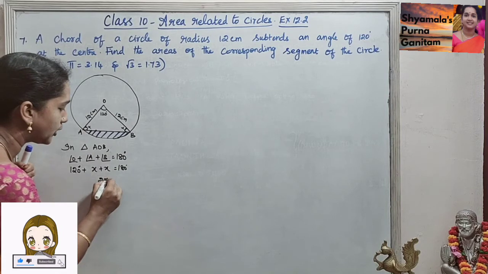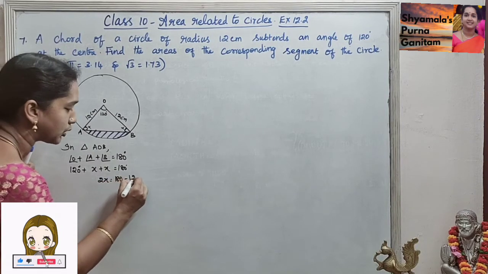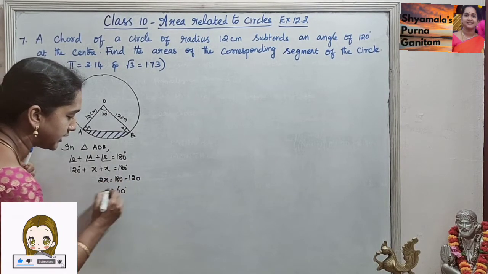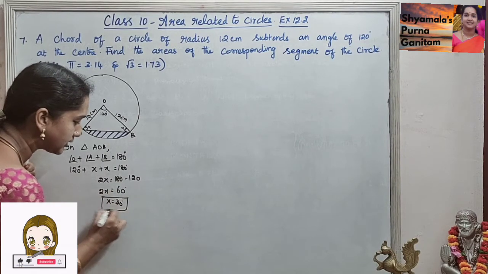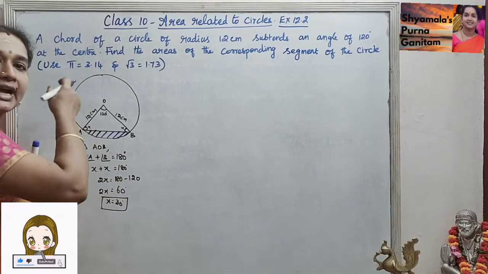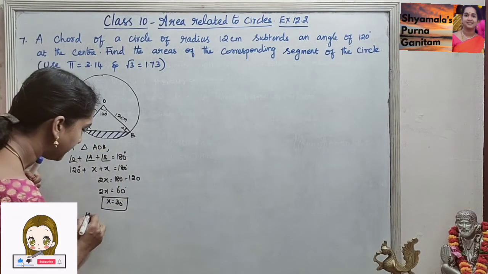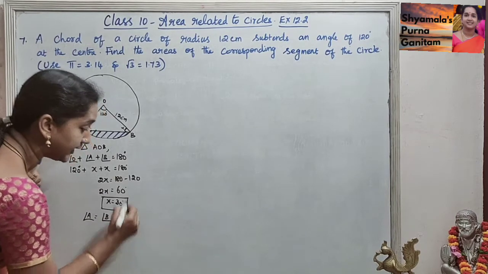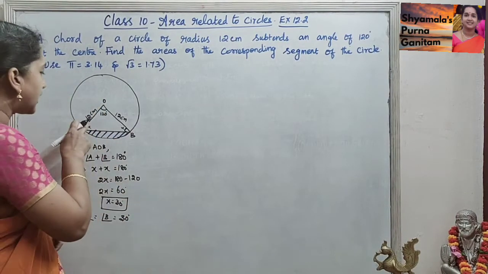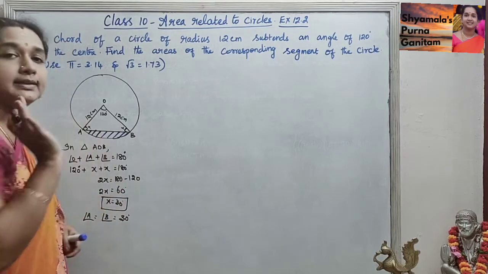So 2x is equal to 180 minus 120, that is 60 degree. So x value is equal to 30 degree. Since the base angles are equal, angle A is equal to angle B is equal to 30 degree. So we got the angles of A and B as 30 degree.